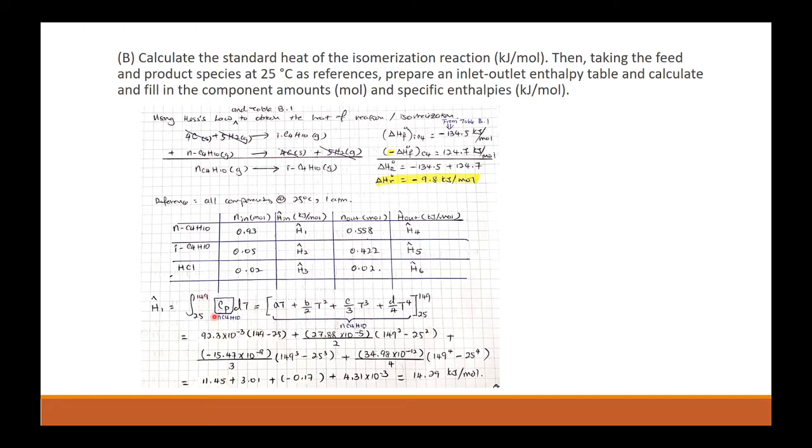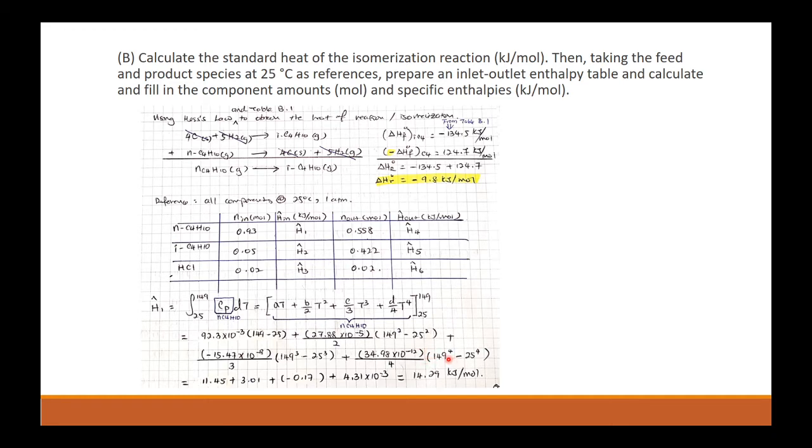We integrate Cp and get this equation. Substitute your values in, with the temperature from 149 to 25. For this one it is B over 2 multiplied by T squared, plus C over 3 multiplied by T cubed, plus D over 4 multiplied by T to the power of 4.